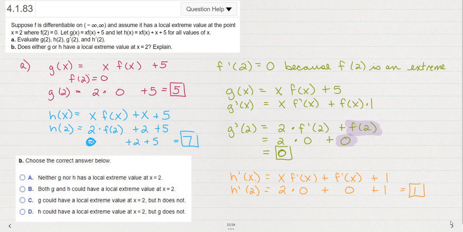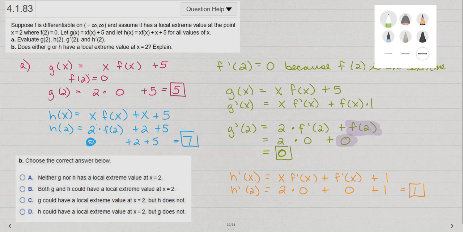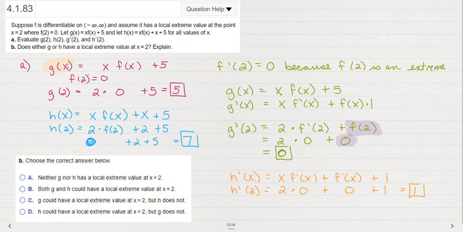Let me show you that written out, and let me highlight as we go so that you can follow along. If we want to find g of 2, we start with g of x as x times f of x plus 5. Replace the x with 2. Replace f of 2 with 0. And that would give us 2 times 0 is 0, plus 5 is 5. So there's g of 2.